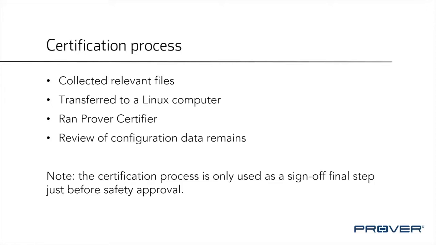But I want to stress that this Linux computer is only used as a final sign-off verification. You normally use the Windows program many times during the project, and then when you're done, you run Prove Certifier. In many projects, this is even done by a different person. ProveILOC is done by the application engineer, and running Prove Certifier is done by a safety reviewer or safety assessor.